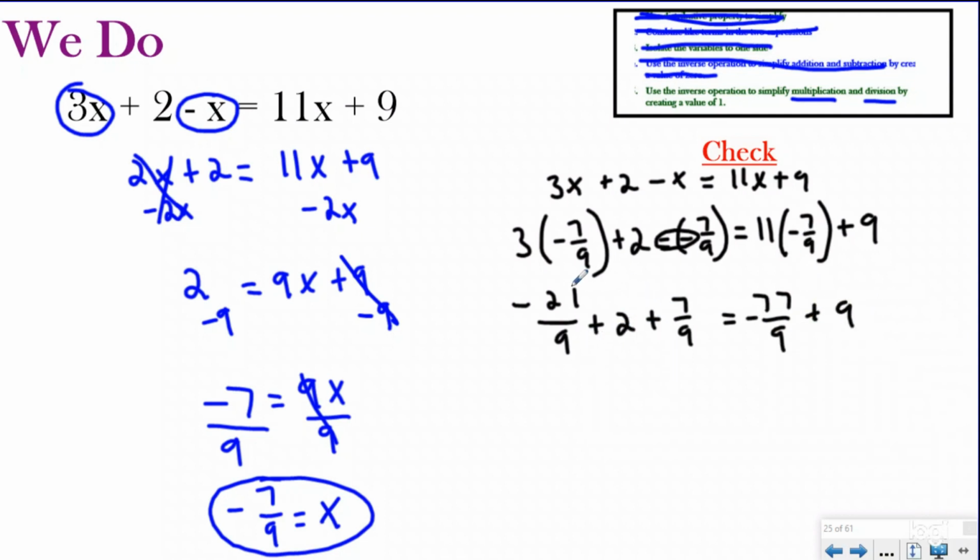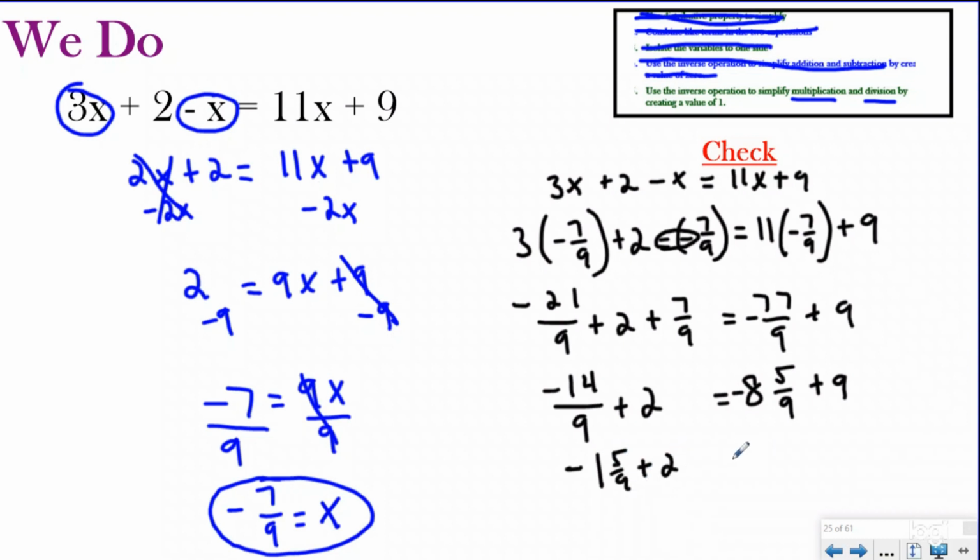And so now I'm going to add my two fractions before I do my whole numbers. That's okay, right? So I'm going to do negative 14/9 plus 2 equals, and I'm going to turn this into a mixed number. That would be 8 and 5/9, but negative, plus 9. And again, if I turn this into a mixed number, that would be negative 1 and 5/9 plus 2.